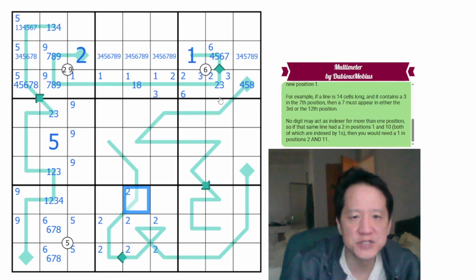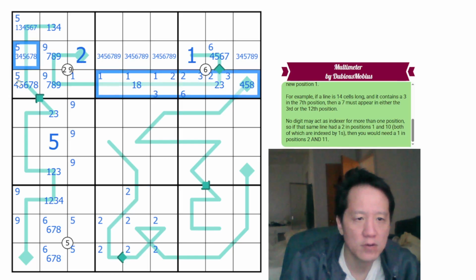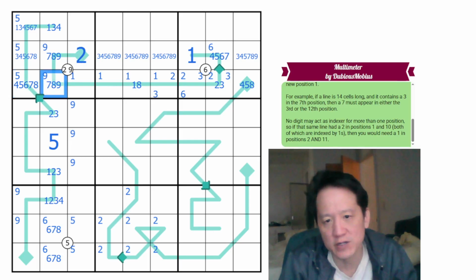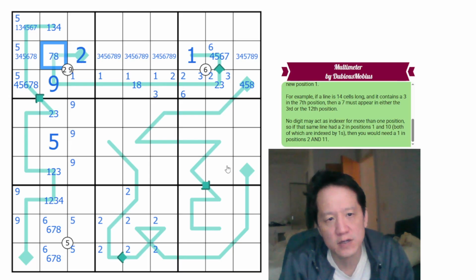Okay, where is the 9 in row 3? We know one of these 2 is a 9. That eliminates 9 from the rest of the line. And this can't be 9, because again, that would force a 1 here. So 9 can only be in this spot. So this is a 9, which means this can't be 9.